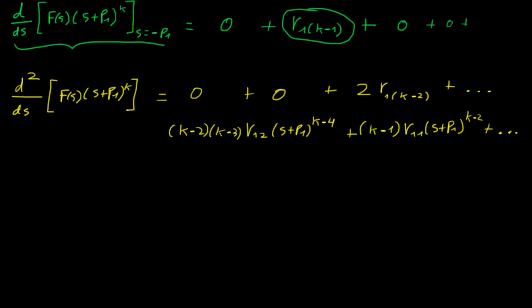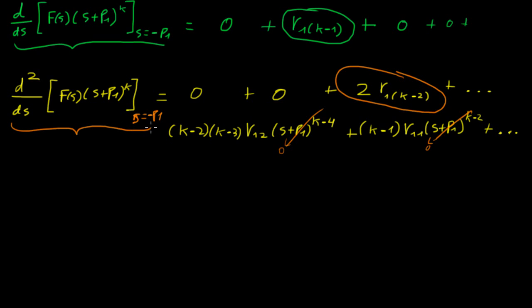And again, making s equal to minus p1, this goes away, and we only leave here 2 times r1k minus 2. So here is the expression that leads to that particular residue.